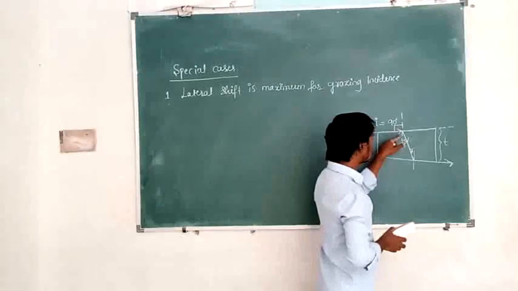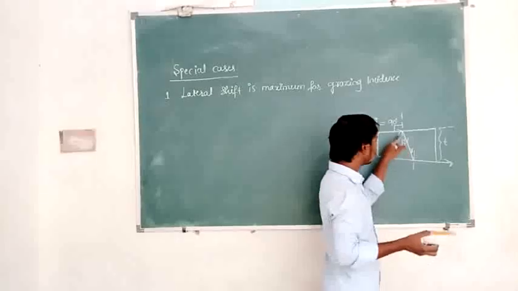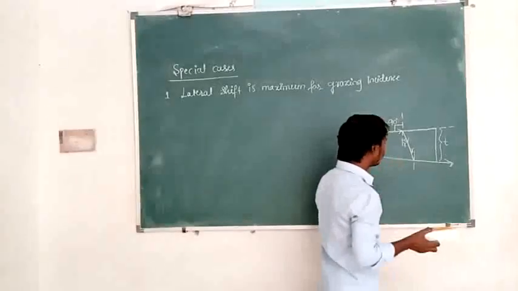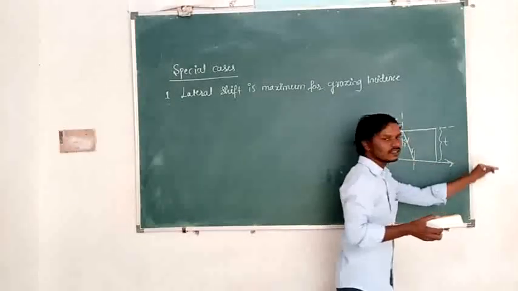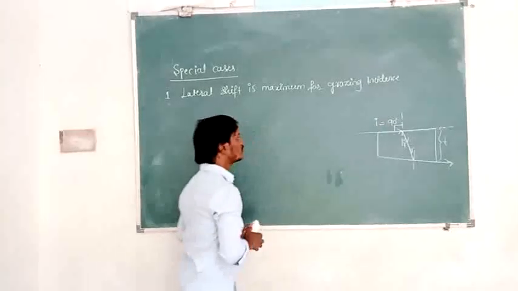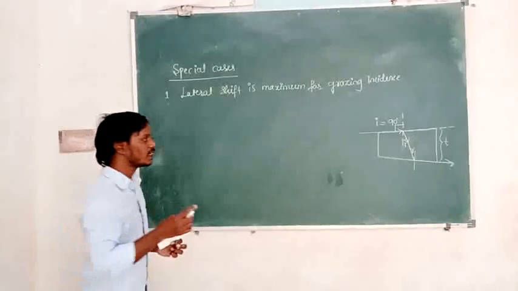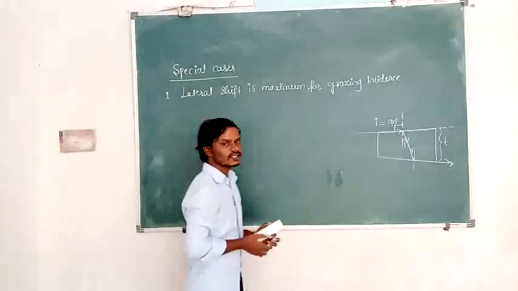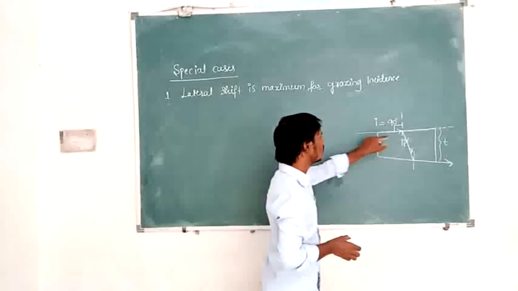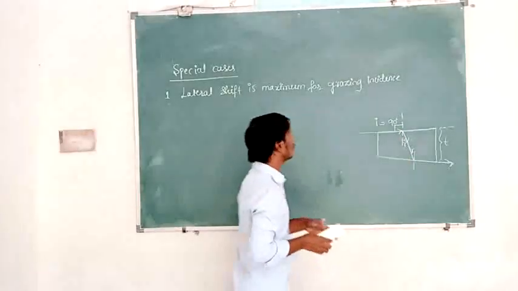If the light is incident with the critical angle, the refracted ray grazes along the surface. So lateral shift is maximum for grazing incidence, where the incident ray is perpendicular to the normal.